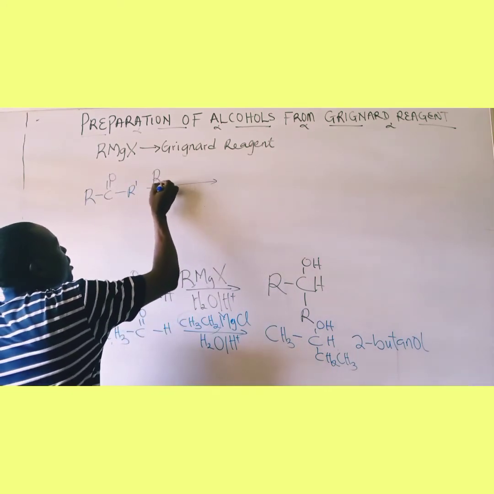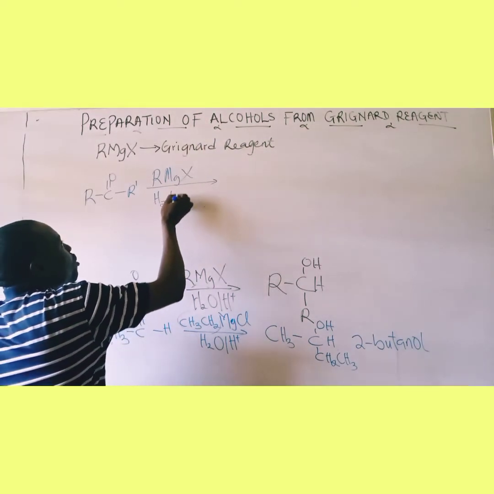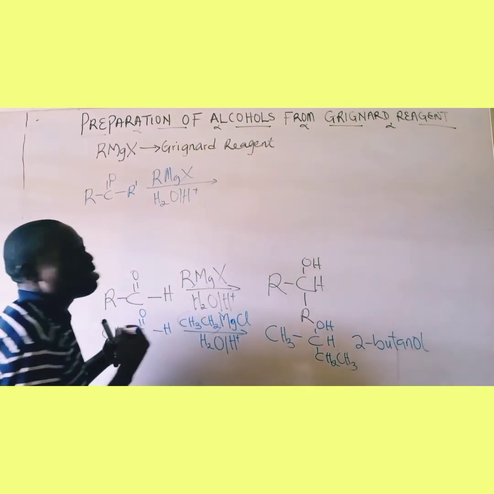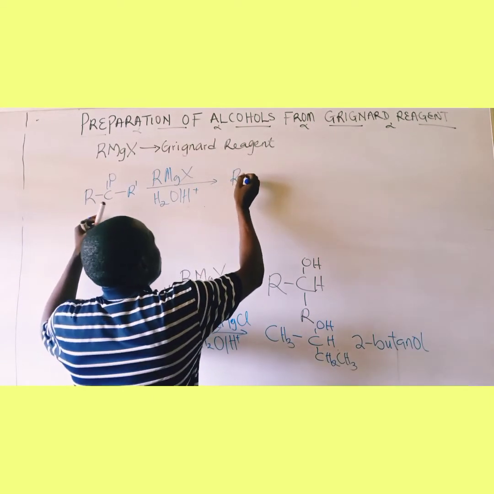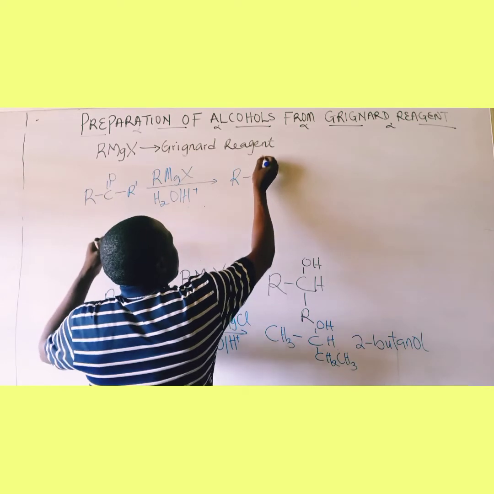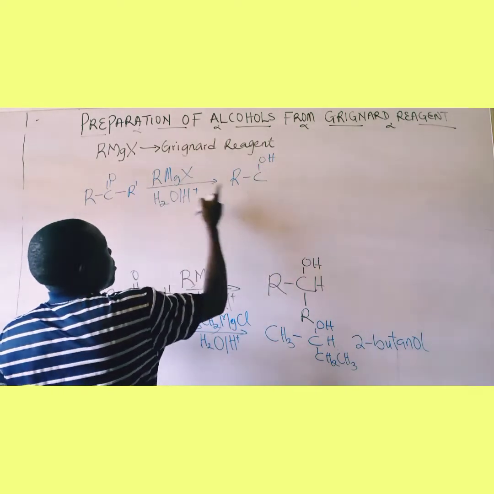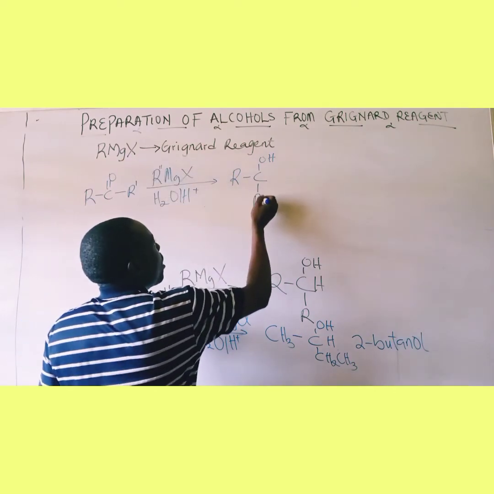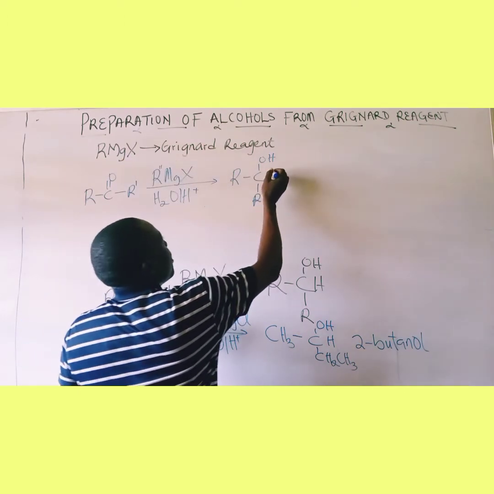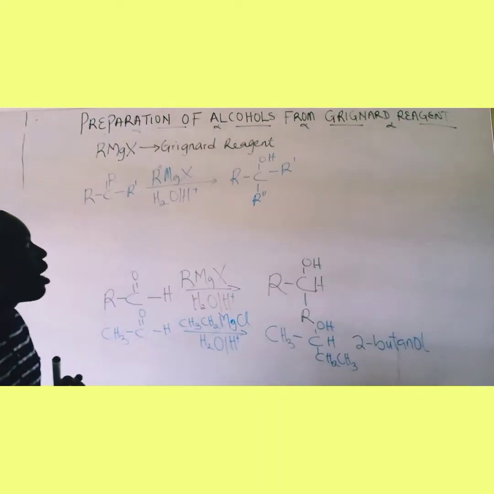This is a Grignard reagent. Please follow suit, the same rule. We're having an arrow. Remember, here becomes OH. Here becomes this one. Let me put the second arrow here. And lastly, it becomes this arrow here. That is basically all.